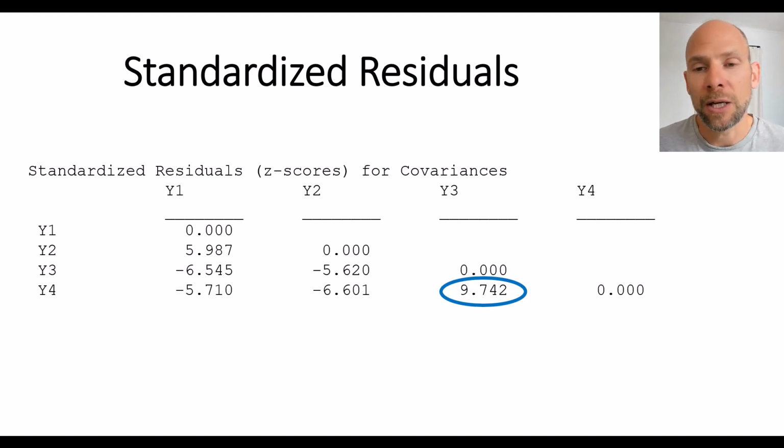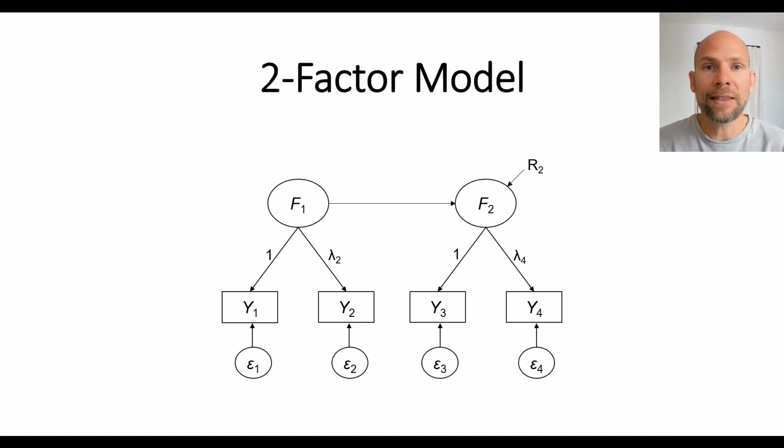Here it's very clear what the problem is, because the data were generated based on a two-factor model, not a one-factor model, and therefore this residual covariance between Y3 and Y4 pops up here, and it needs to be addressed by specifying a model with two factors. So let's take a look at that next.